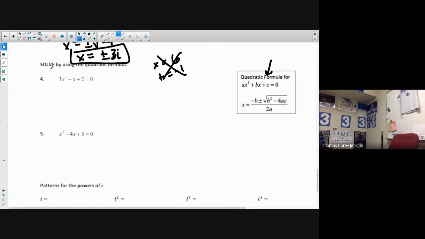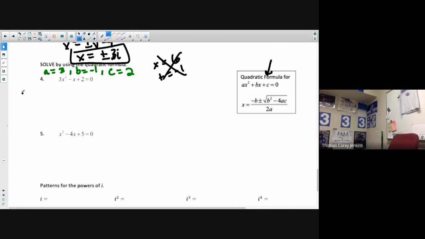So here we go. A is 3, B is -1, and C is 2. Then we sub in the -b plus or minus square root, all that good stuff. So x equals -b. Instead of writing -1, I'm just going to write 1, since -(-1) is 1.